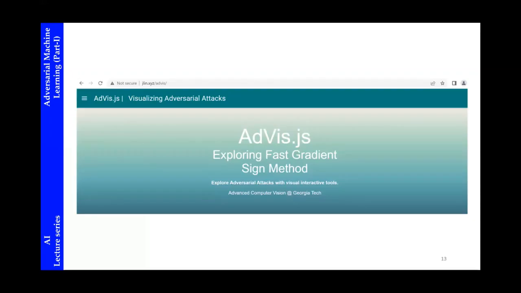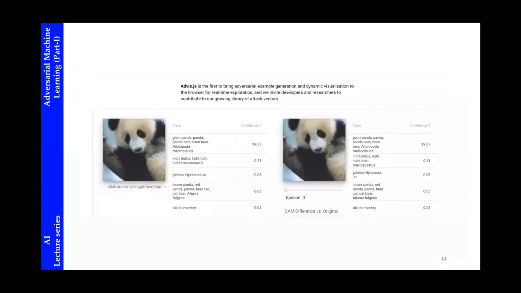If you want to play around a bit and get familiar with this misclassification of artificial intelligence systems, you can Google advis.js, and there you can change the epsilon value and see how the real-world camera picture of the panda at the left will be misclassified at the right.